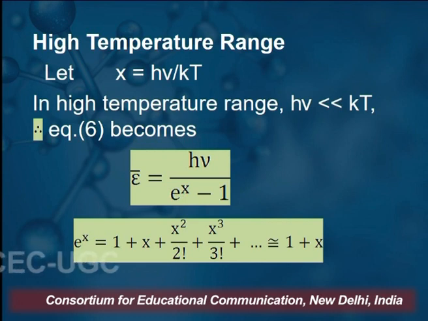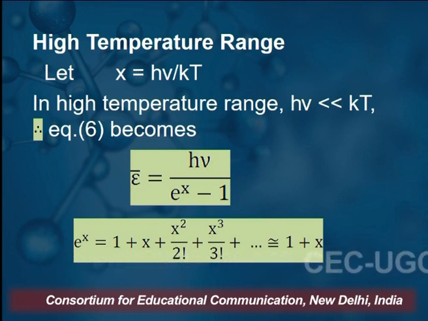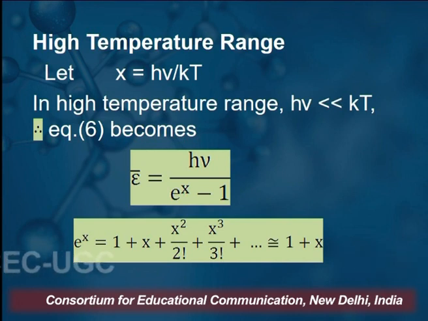So let us study how Einstein's specific heat formula, that is the Cv, my equation number 8, behaves in the high temperature range and the low temperature range. Let x be equal to h nu by kT. At high temperature, h nu is very much less than kT. So my equation number 6 becomes epsilon bar equal to h nu upon e to the power of x minus 1.